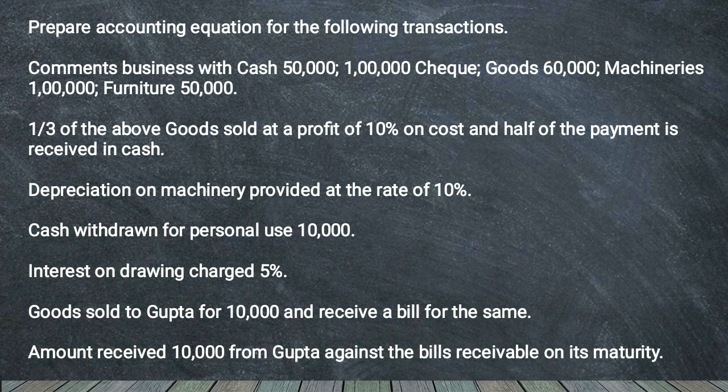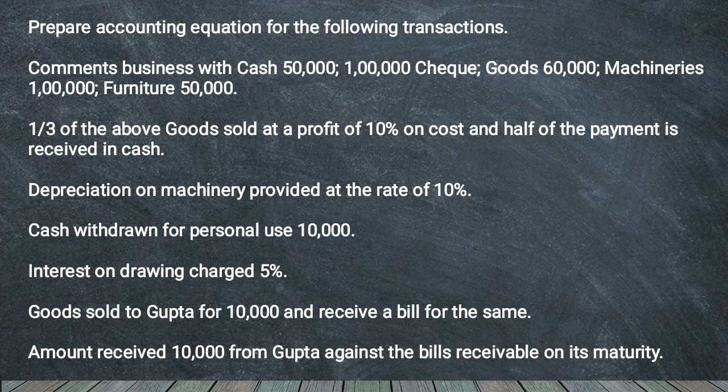So net sale is 22,000, and out of that 22,000 we have received 50%, and 50% of 22,000 will be 11,000. 11,000 is the amount which we are receiving in cash, and the rest, 11,000, is a credit transaction.